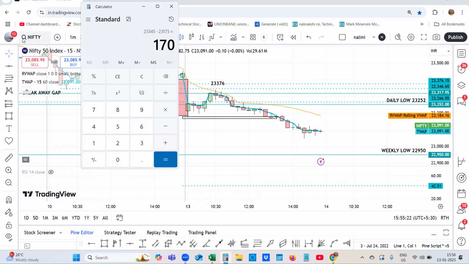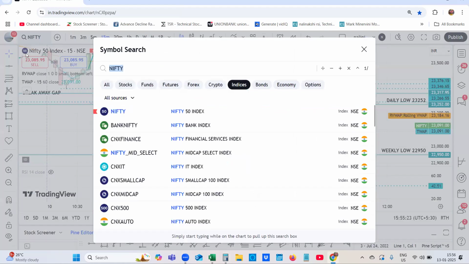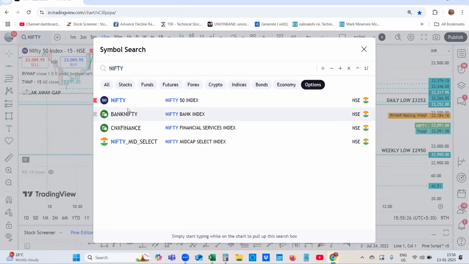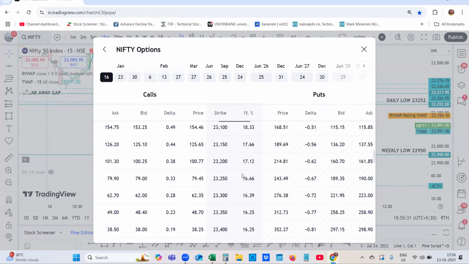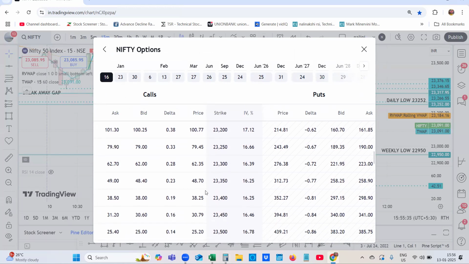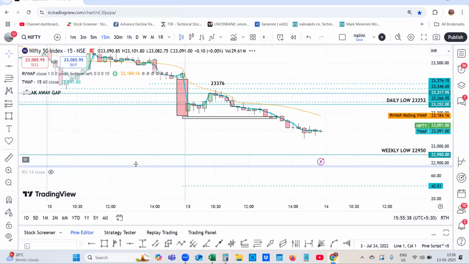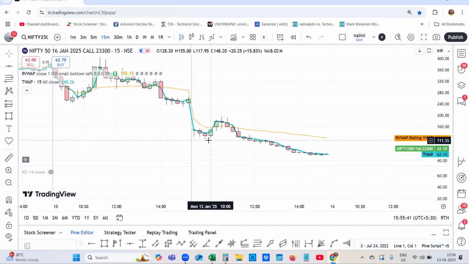Let me go back to the same call option. Let me show you the 23,350 call option. Or let us go back to the 23,300 call option. See, it came near 62.